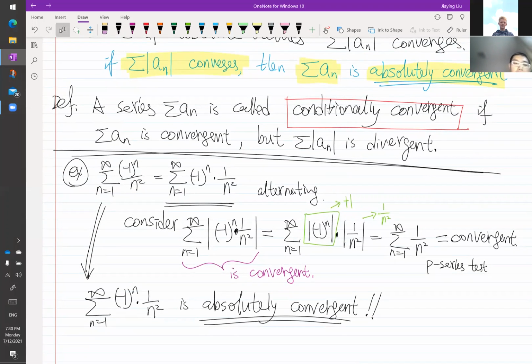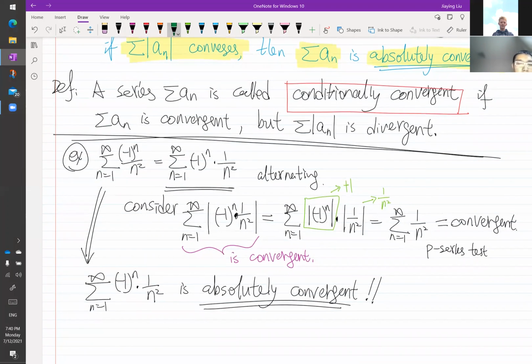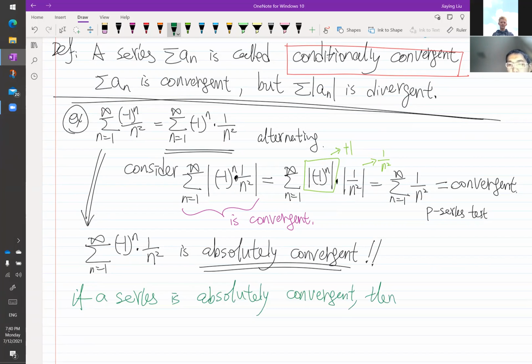You probably wonder, is this still going to be convergent or divergent? Well, if it's absolutely convergent, it means it's convergent. So that's a theorem that I'm going to write next. If a series is absolutely convergent, then it is convergent.